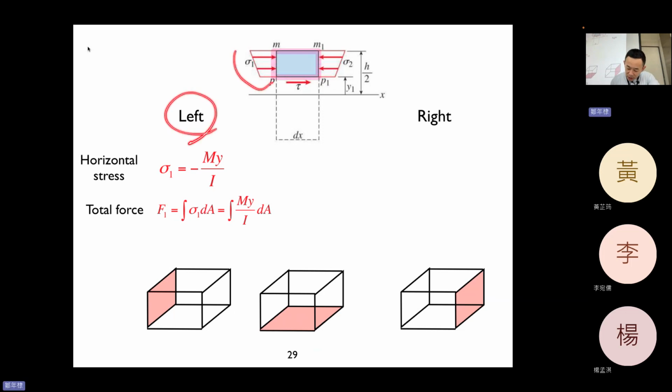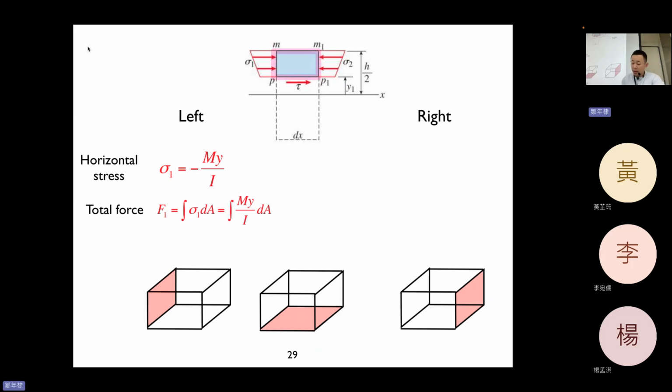So on the left, this part, sigma 1 equals minus My divided by I, right? This is because this is down due to the M. And F1, of course, is the area integration. So this is the area, okay? So My, okay, right. So maybe you will see why there are no minus signs here.